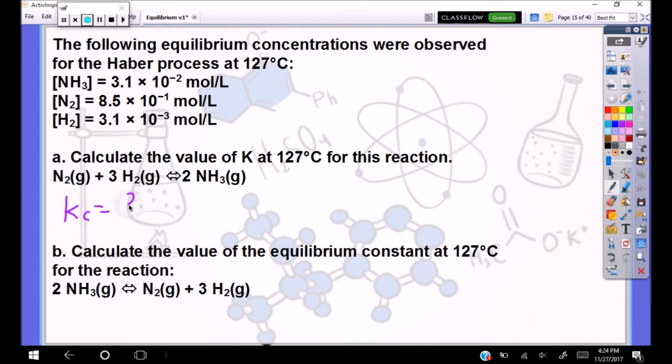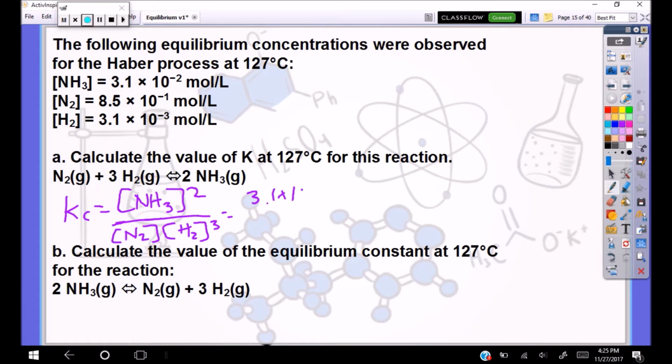We've got brackets NH3 squared over N2 and my H2 cubed. I'm going to plug in my numbers.